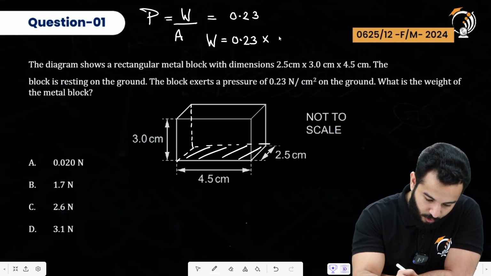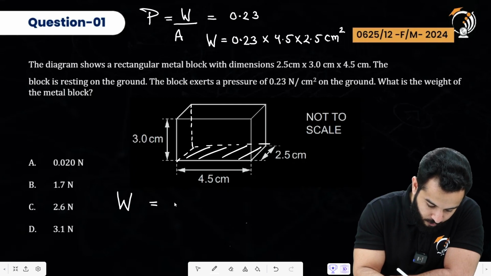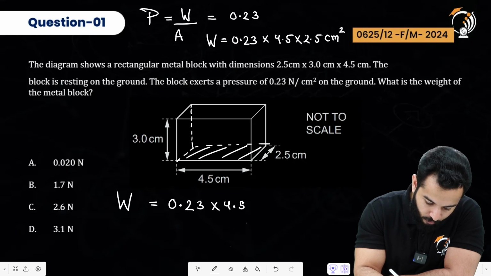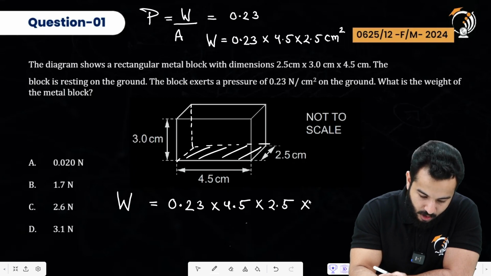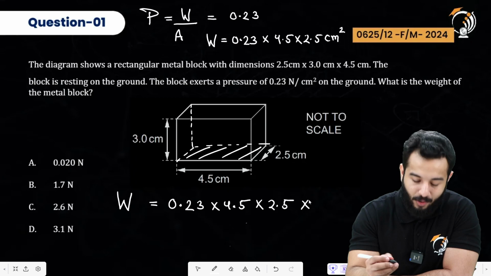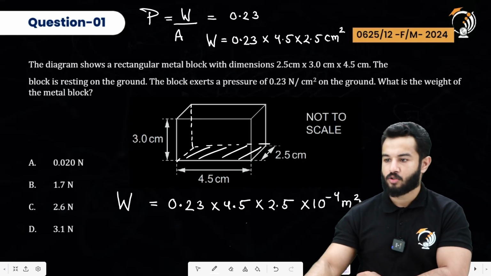So area is going to be 4.5 times 2.5, in centimeter square, so we need to convert it into meter. So W equals 0.23 times 4.5 times 2.5, and times, since 1 centimeter is 10 to the power minus 2, this is 10 to the power minus 4 meters square. So this is going to be the correct answer.